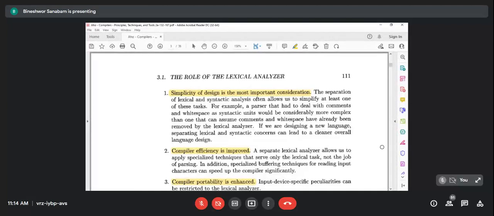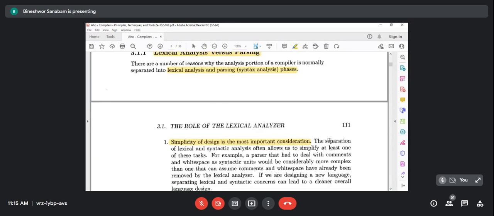So separating your lexical analysis and syntax analysis has a few reasons. Number one is simplicity of the design. Next, compiler efficiency is improved. Then compiler portability is also enhanced. Considering these reasons, they made the lexical analysis and syntax analysis phases separate.